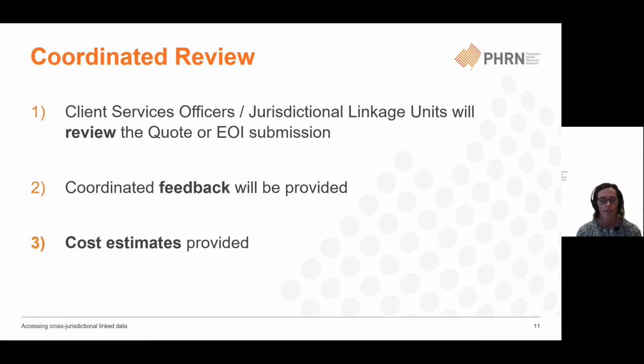The client services officers and jurisdictional linkage units may also request further clarification of the cohort identification, privacy and data security measures as examples. Cost estimates will also be uploaded to the PHRN online application system and/or emailed to the principal investigator and project owner.